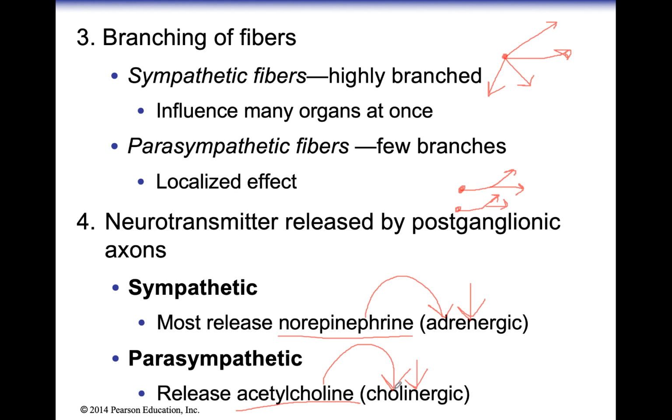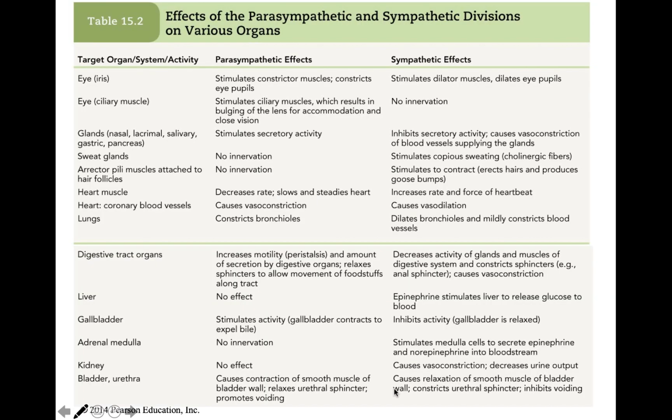So make sure you know these four differences between parasympathetic and sympathetic. Now, the next few slides that have this green chart on them, do not memorize them. What I've given this to you for is to look at the organ system and what happens in each of the responses.